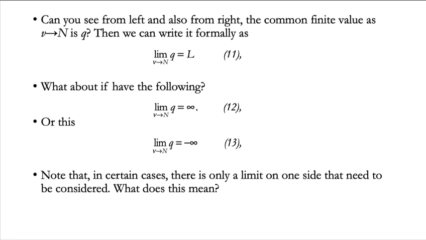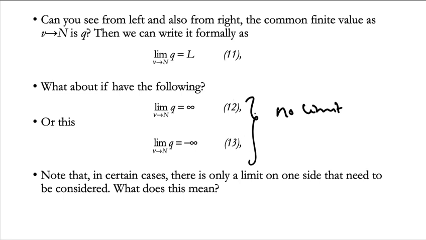Infinity is not a finite real number, because infinity is the opposite of finite, isn't it? If you look at 13 also, the limit of Q as V approaches N is minus infinity. So in this case, for 12 and 13, there is no limit.